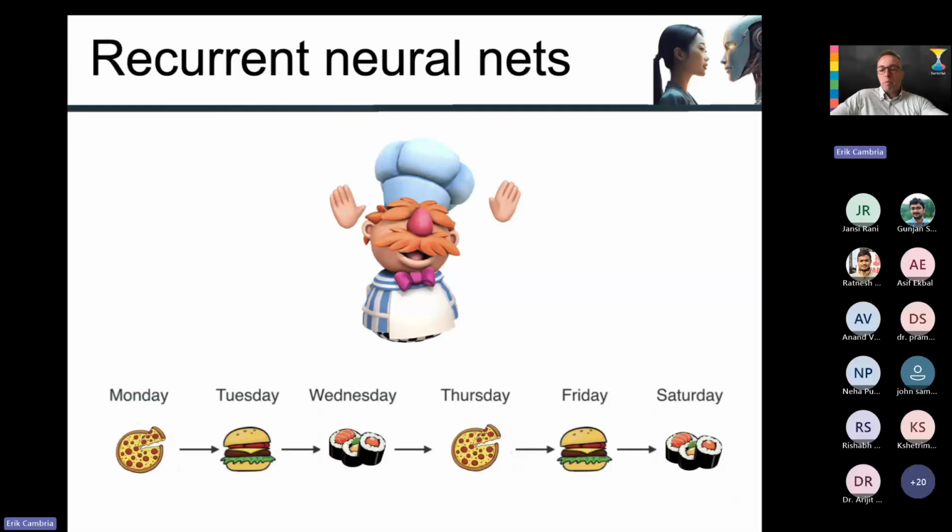So we can take back the example from before and make it a bit more complex. In this case, we have a sequence. That's what recurrent neural networks are good at, modeling sequences. So let's say that my chef friend is cooking these kinds of foods in this sequence.